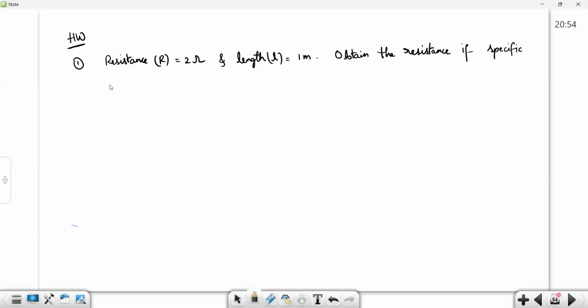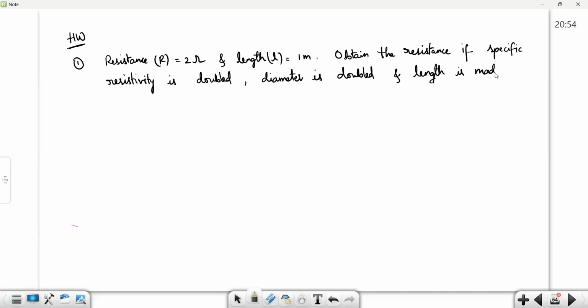If specific resistivity is doubled, okay, if it is doubled, and diameter is also doubled, and length is made 3 times of the first.